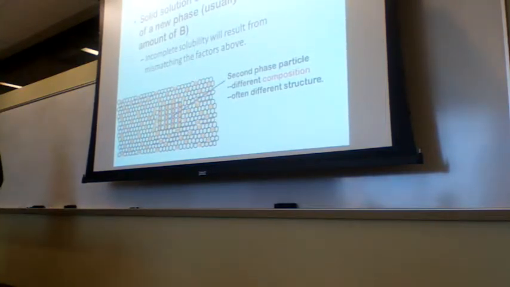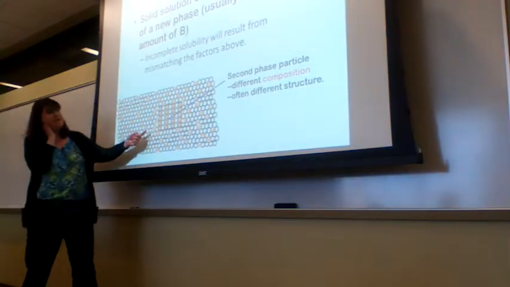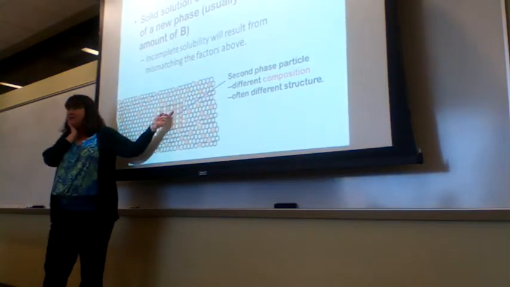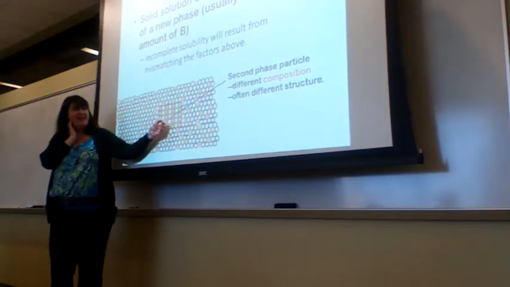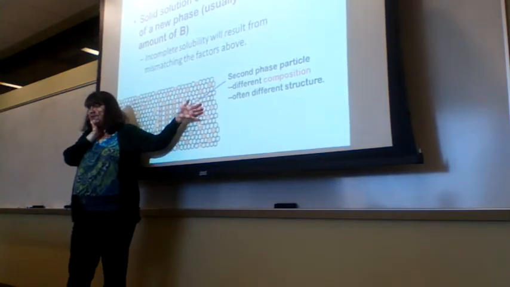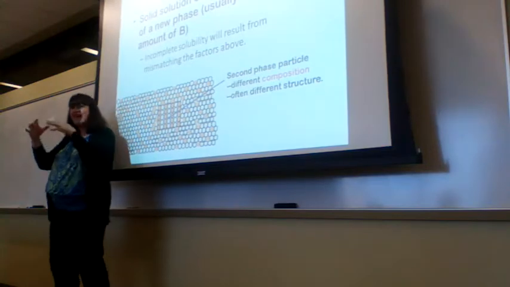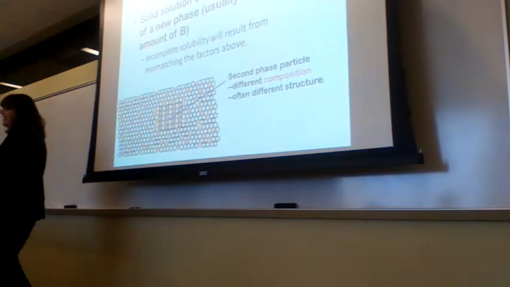Another way that we can think of these is that if you're trying to dissolve different solutions of A and B, it doesn't always have to crystallize in the same way. And so maybe you get a cubic close packed here and a hexagonal close packed over here. So you can have little sections that are in different crystal lattices.